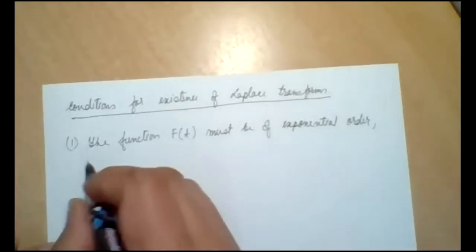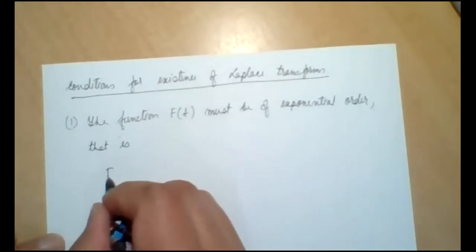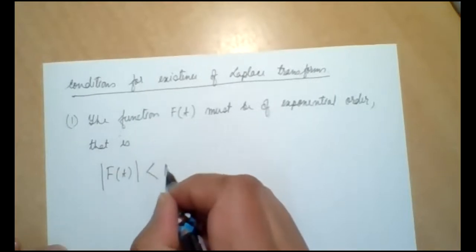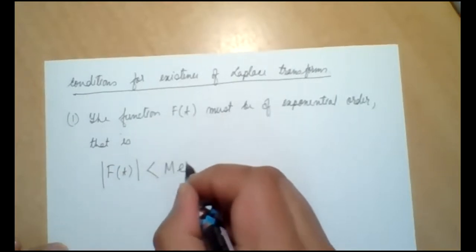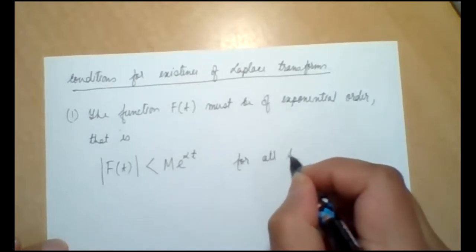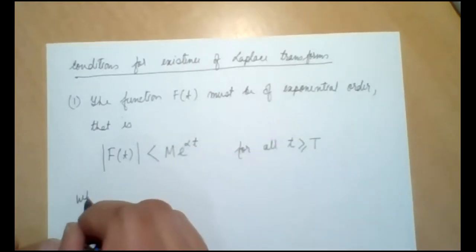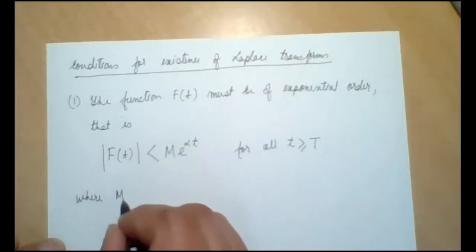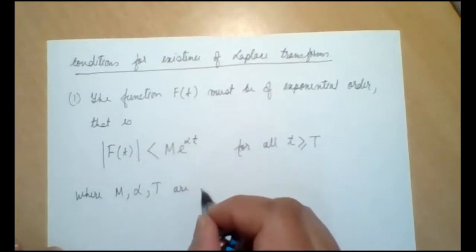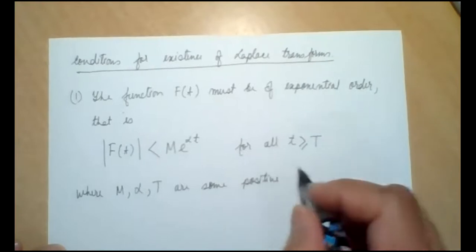And what does it mean? It means that f(t), the modulus of this function, should be less than some number M e to the power alpha t for all t greater than or equal to capital T, where M, alpha, capital T are some positive quantities.